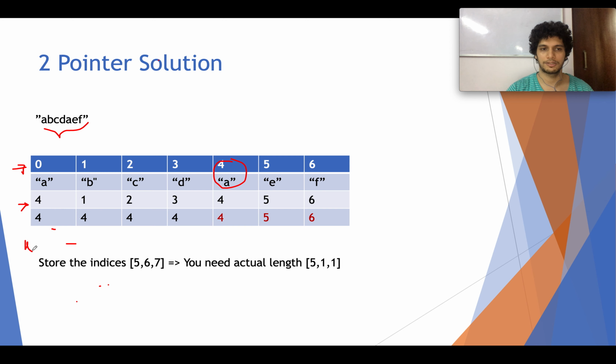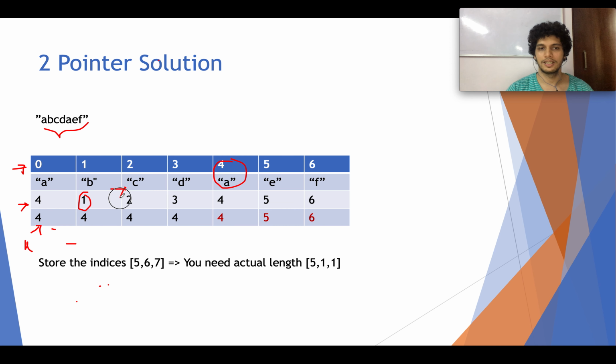Then you come to B, and B lies within. You search for the last frequency of B, which is 1. It's still within the range. It's good. You move ahead in the string.